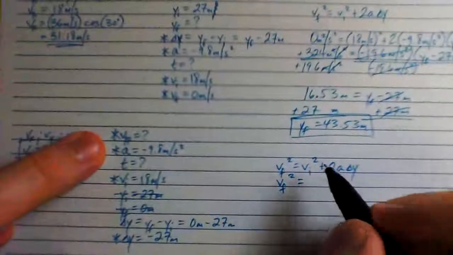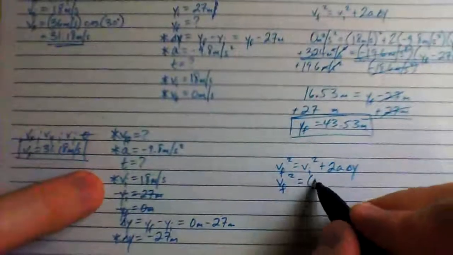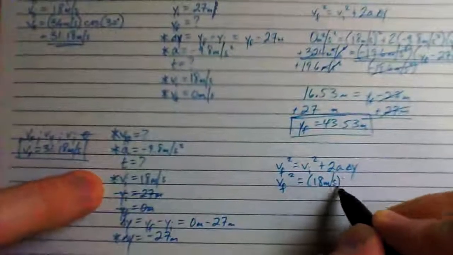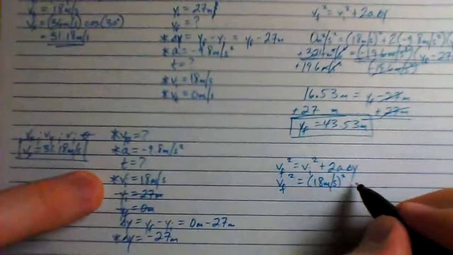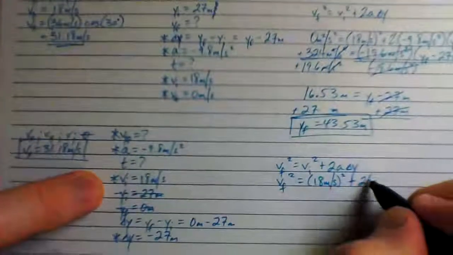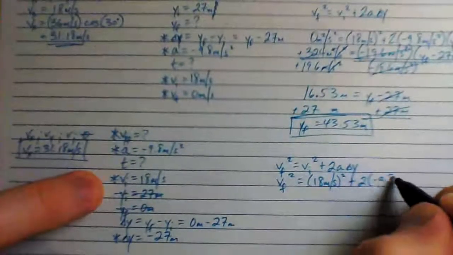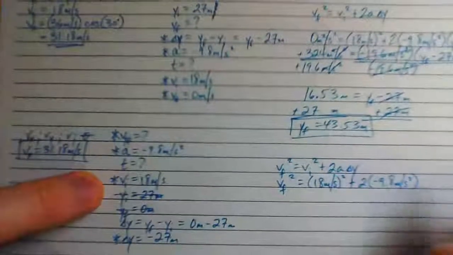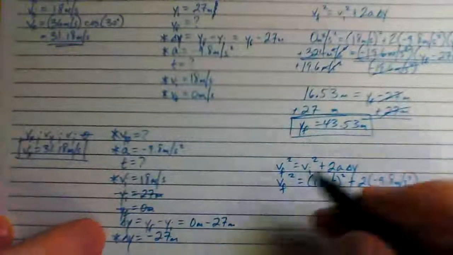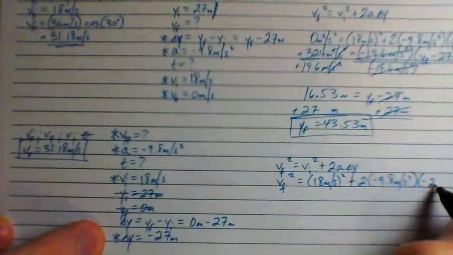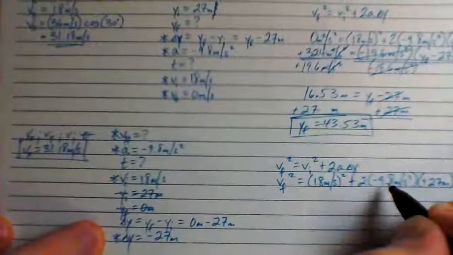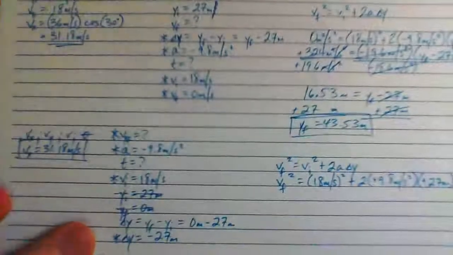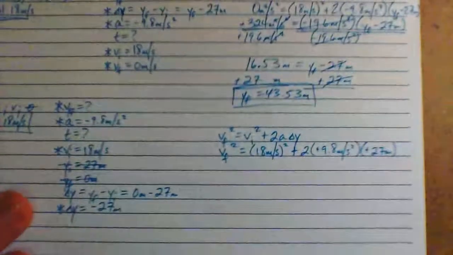So I'm just going to say Vf squared equals my initial velocity, 18 meters per second, squared, plus 2 times acceleration due to gravity, negative 9.8 meters per second squared, times delta Y. We know delta Y is negative 27. I'm going to change those right now because I know that they are going to cancel each other out.